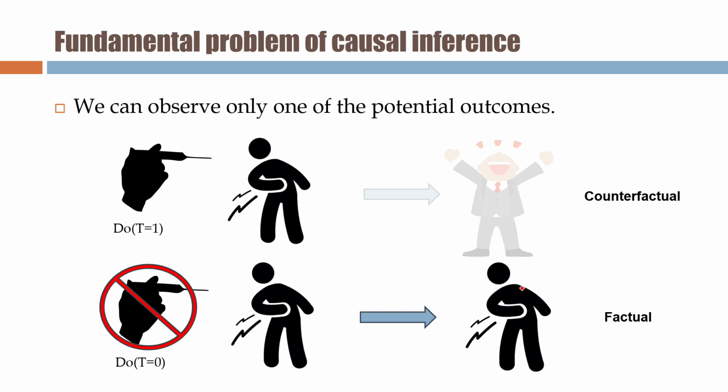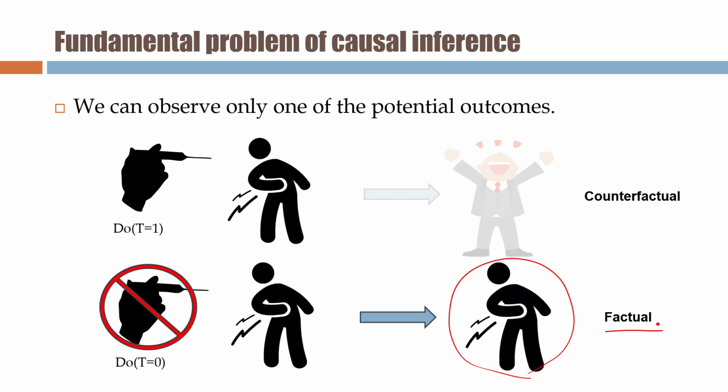Another case is we don't give any medicine, we don't treat, and then he remained sick. That's factual because we have data. But what could happen if we gave a shot to that patient?